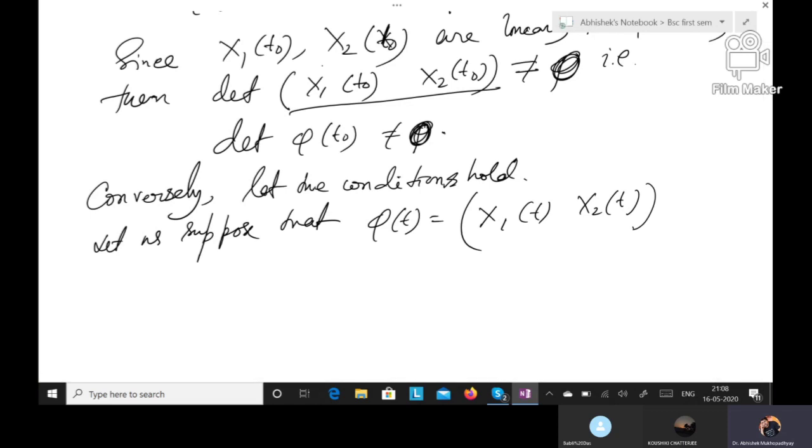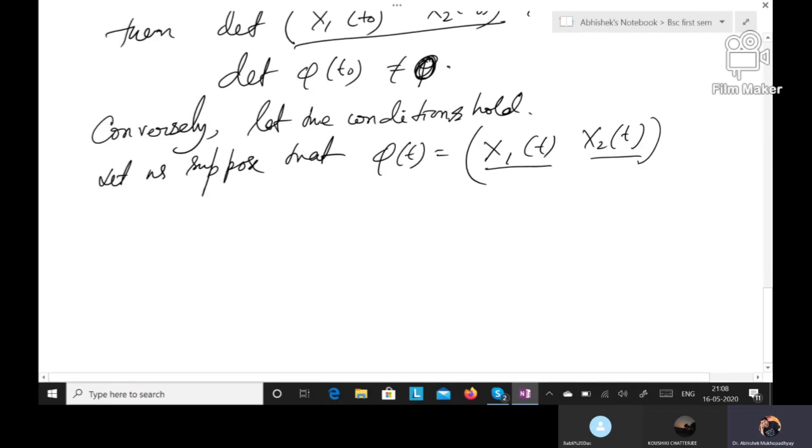We need to show that phi t will satisfy the conditions of a fundamental matrix. That means these two column vectors will satisfy the system x dot equal to Ax, and at point t0, x1 t0 and x2 t0 will be linearly independent.